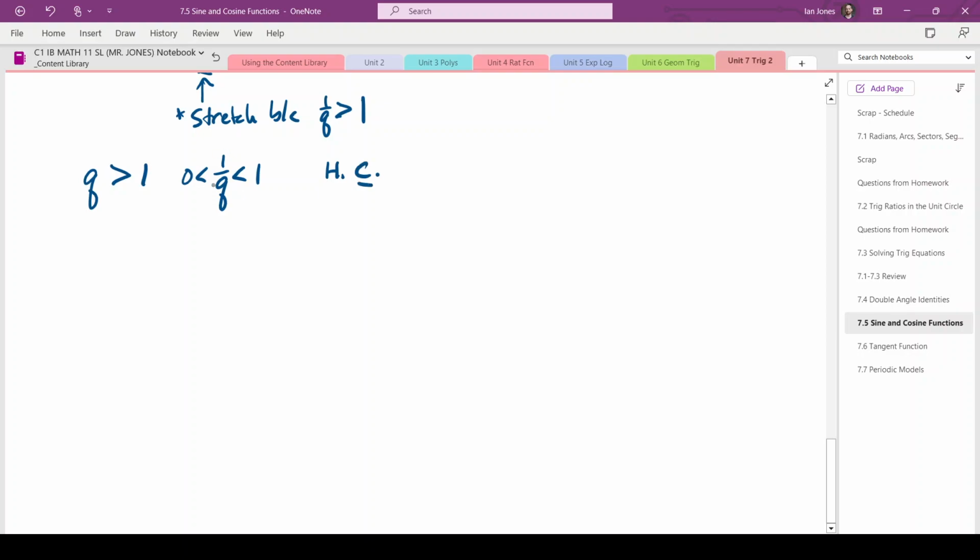It's a compression because 1 over q is less than 1 and bigger than 0. When q is between 0 and 1, then 1 over q becomes bigger than 1, and we get a horizontal stretch.